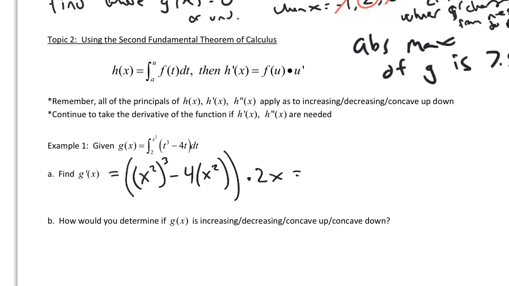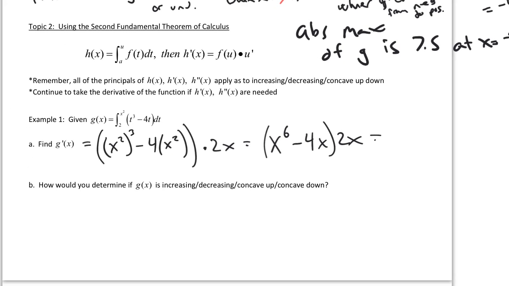And so to simplify that, we'd get x to the 6th minus 4x squared, all of that times 2x. You could leave that unsimplified, but what do we get? 2x to the 7th minus 8x squared.